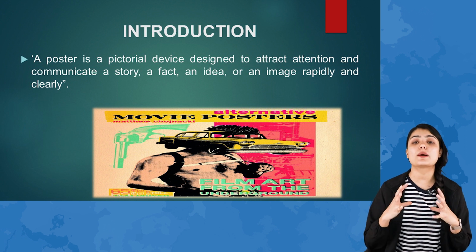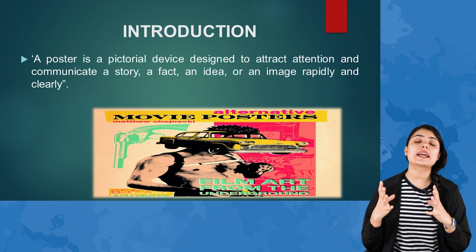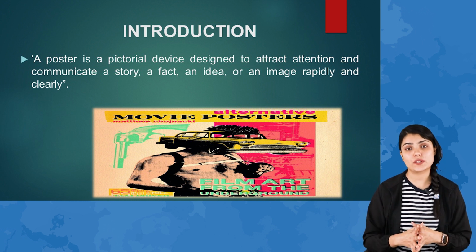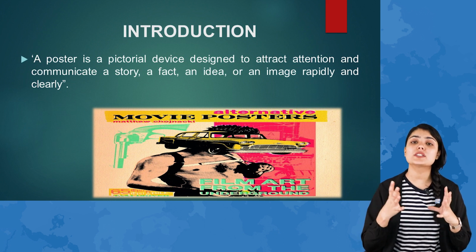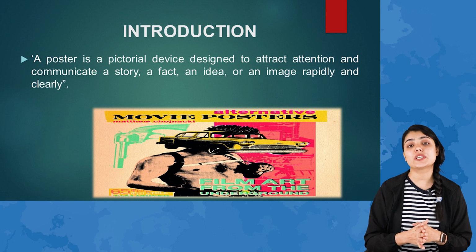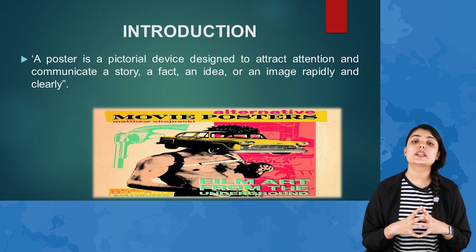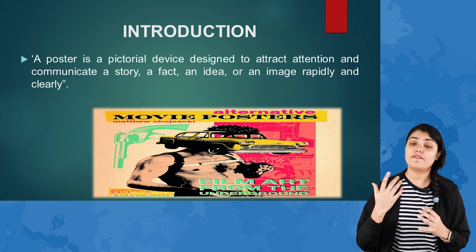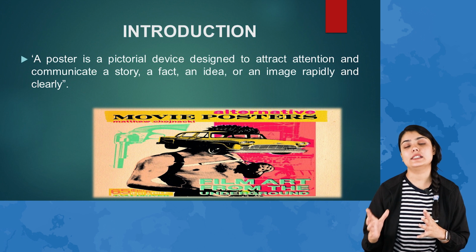Okay, so posters are pictorial devices which are designed to attract the attention of the viewers. So posters are devices which will have pictures. Now, what is the use of adding a picture? It is to attract the attention of the viewers and to communicate a story, a fact, an idea or information rapidly and clearly.